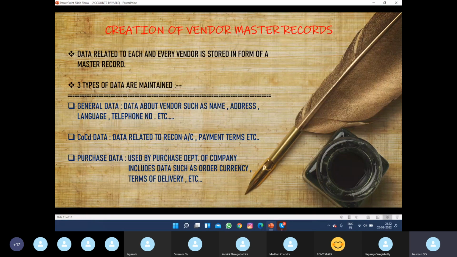If he says we have to pay the amount transacted with him immediately, then it is one type of payment term. If he says we can pay the amounts transacted within a period of 15 days, then that is another payment term. Payment term is nothing but the credit period that the vendor allows to a business organization. These are the payment terms.